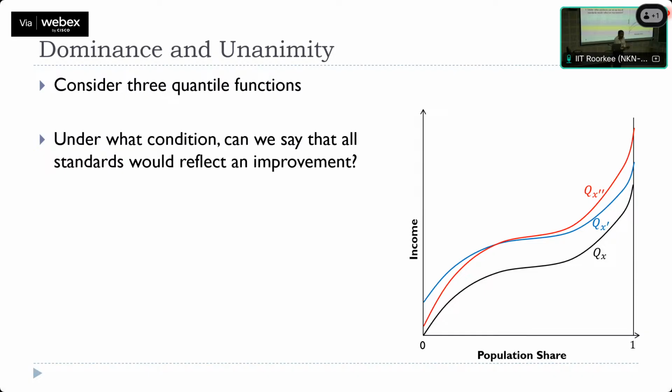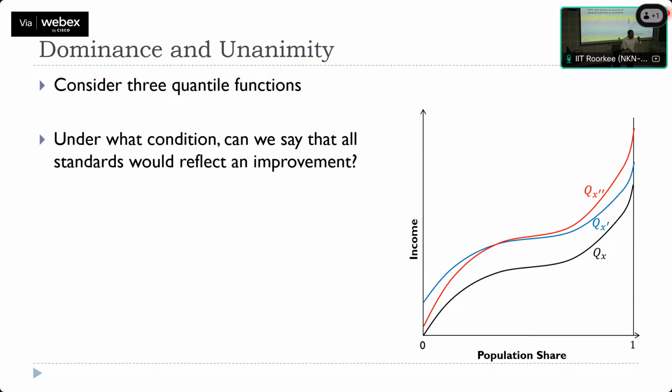So when one quantile function lies above another quantile function, you plot. You have your income distribution, or you can have an environmental indicator distribution. You just plot the quantile functions. You don't have to compute anything.